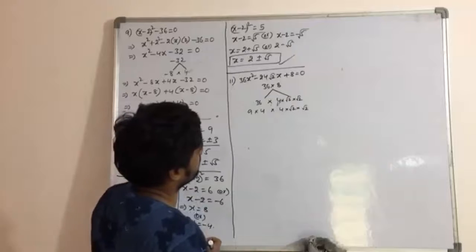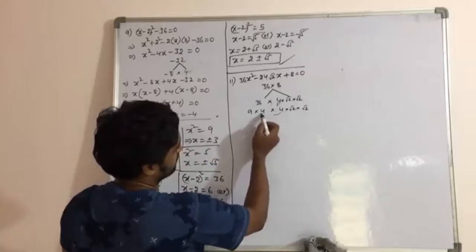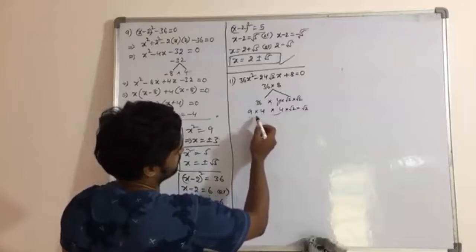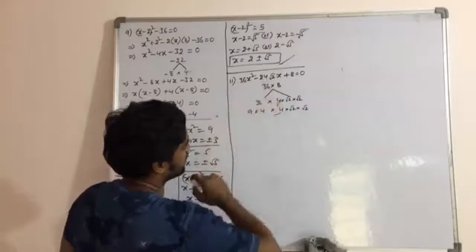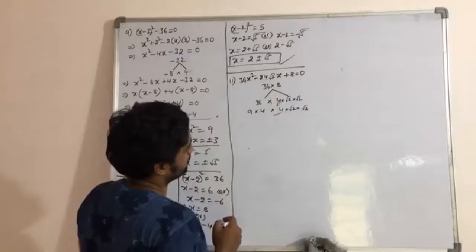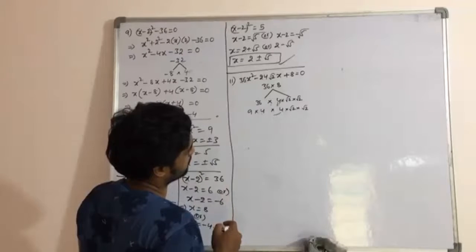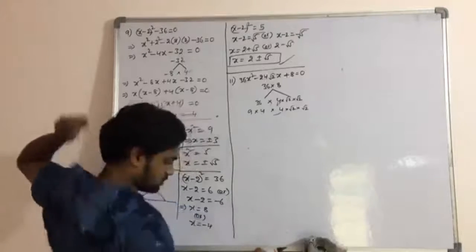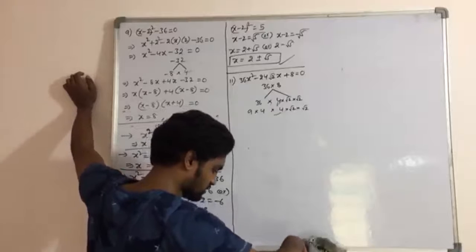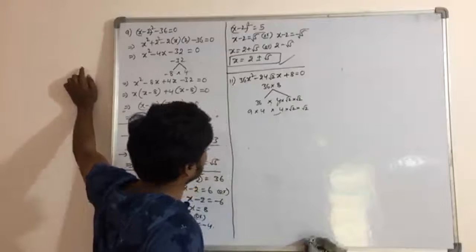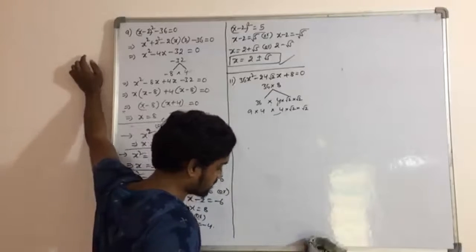I need 24 root 2. 16 plus 9, 25, but I need 24. The question given was 36x square minus 24 root 2x plus 8 is equal to 0.